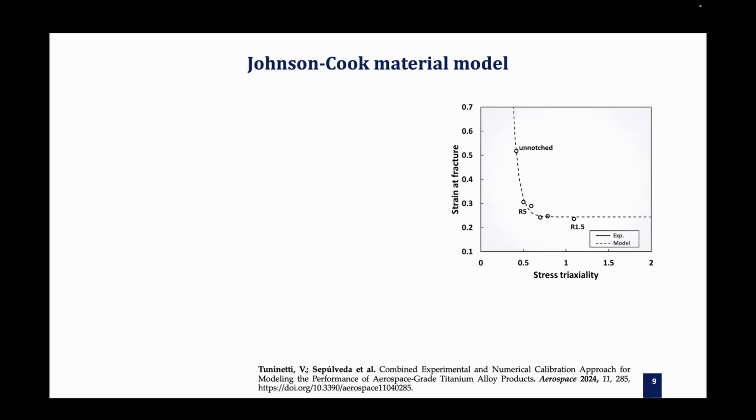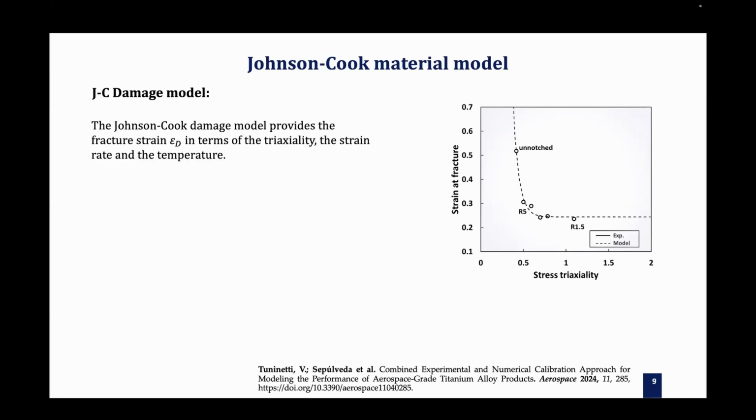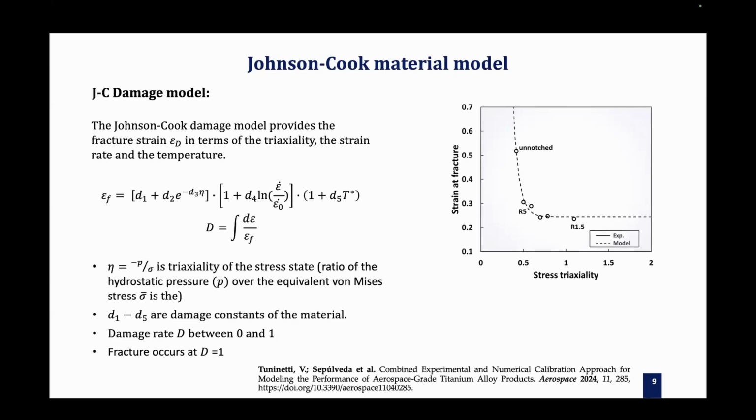And for different triaxialities, the sample fractures at different strain. So you plot this, and then you try to adjust the Johnson-Cook, which is the dashed line. These results have been already published in Aerospace this year. And here we identify all the damage parameters, D1, D2, until D5.